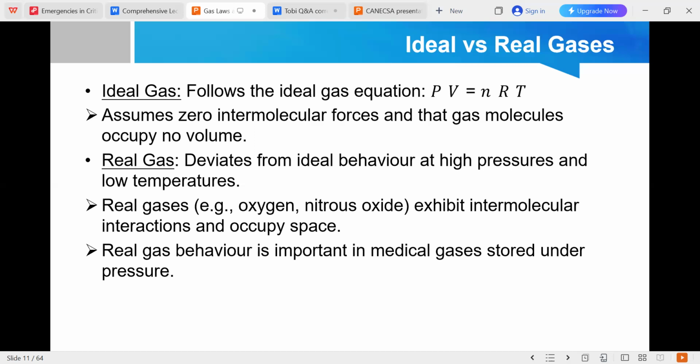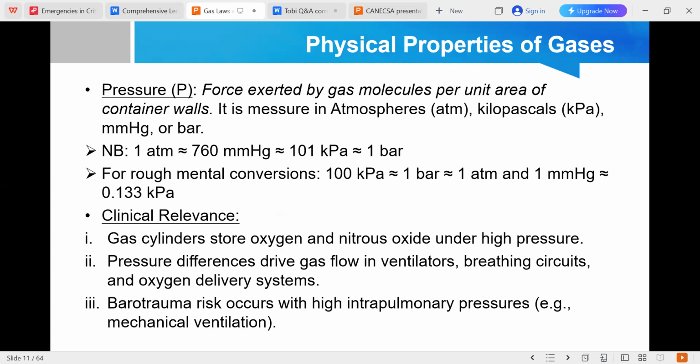Real gas, however, deviates from ideal behavior, especially at high pressures and low temperature. Most of the gases we deal with in anesthesia exhibit real gas behavior, which is important, especially under storage conditions.